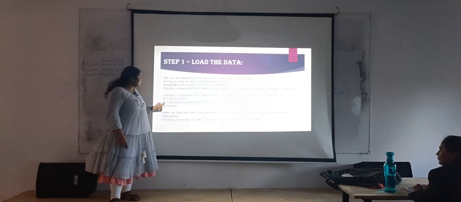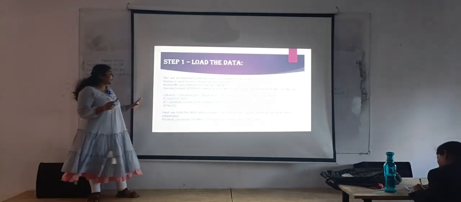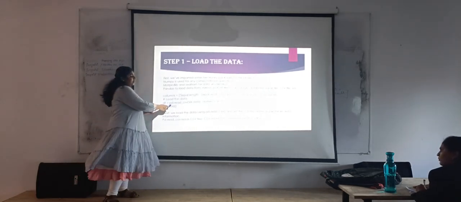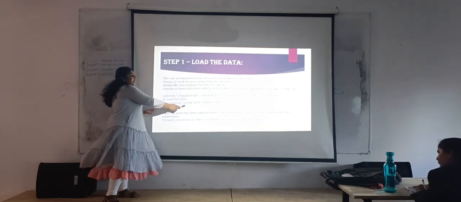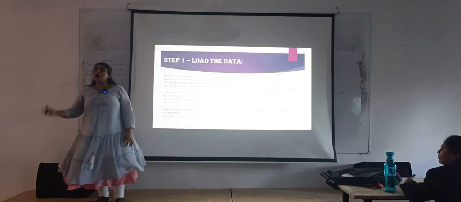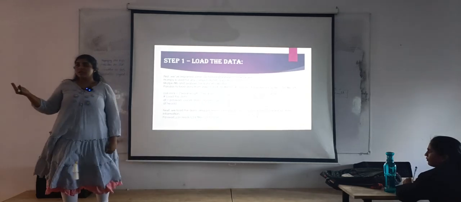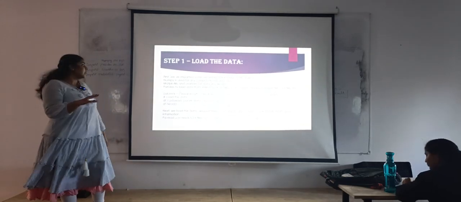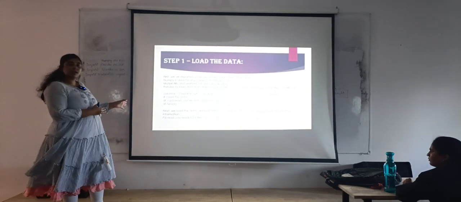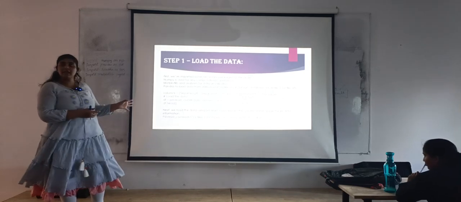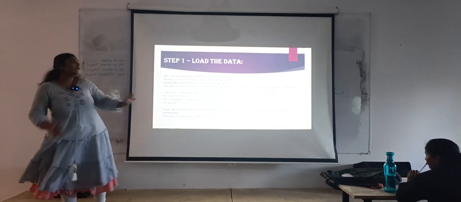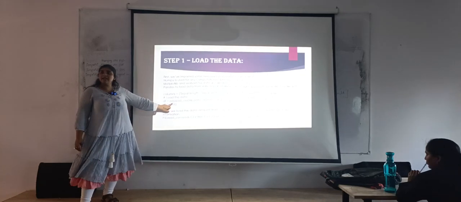You will remember that df is equal to pd dot read_csv means you are taking the database from some data source and using it in the program. Clear? Now you understood why we are writing this line.